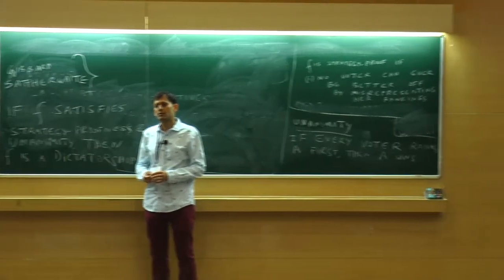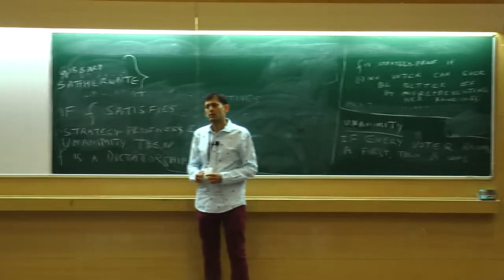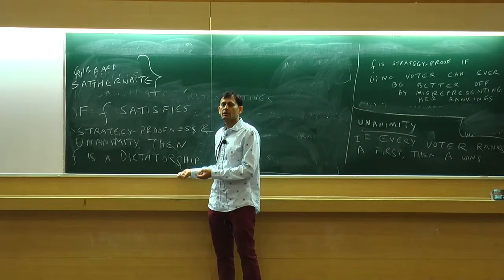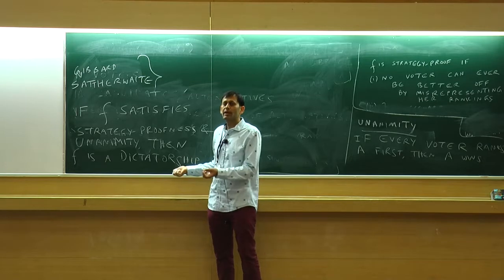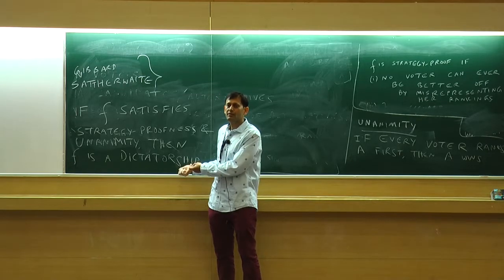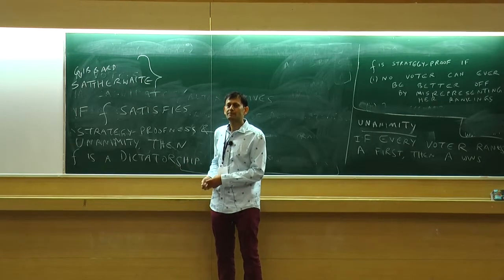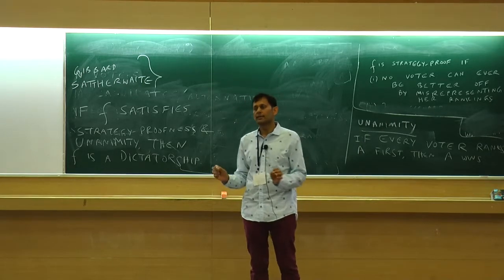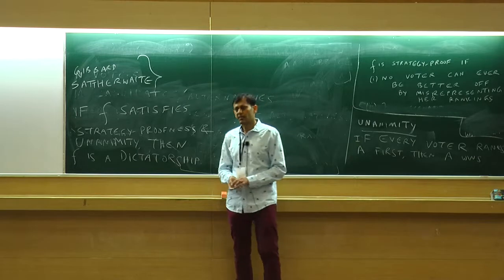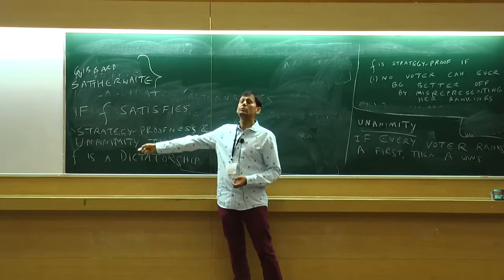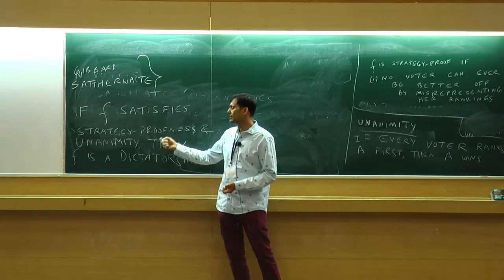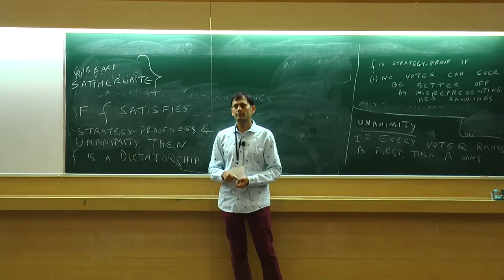Dictatorship implies unanimity. What's surprising is that with strategy proofness, unanimity implies dictatorship.